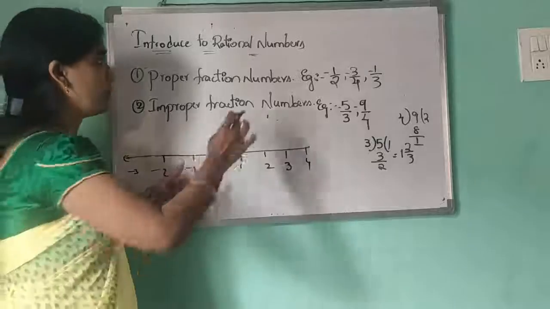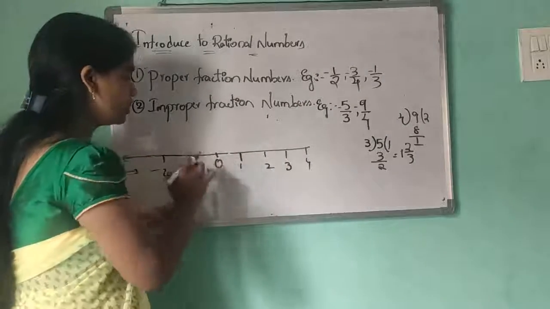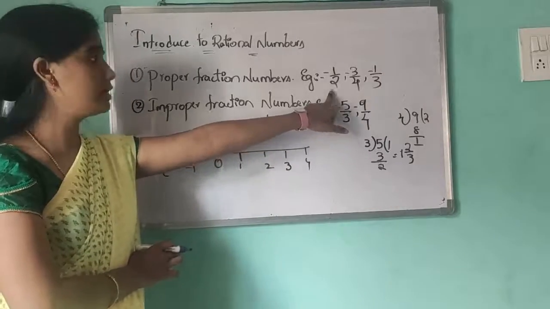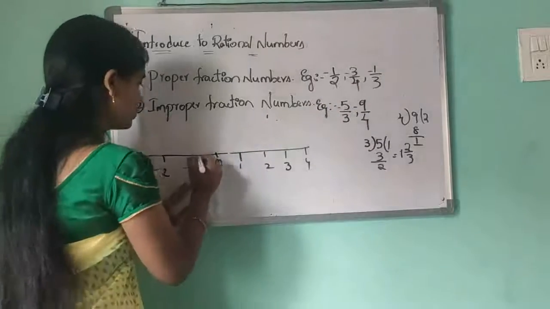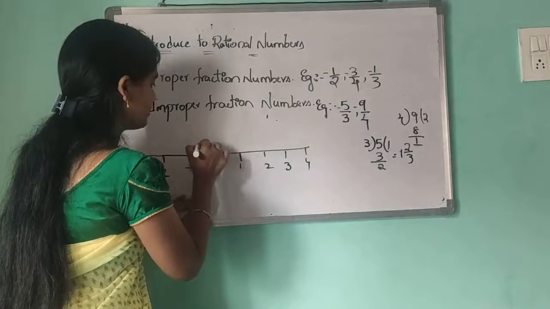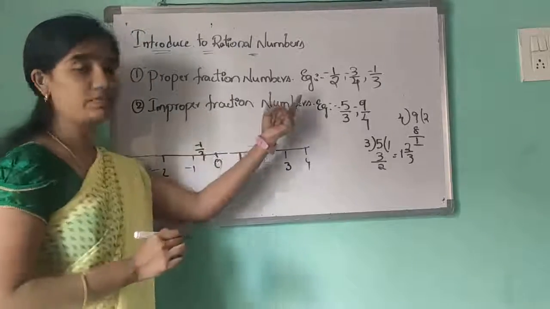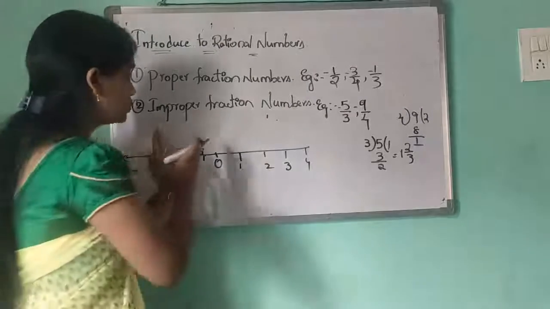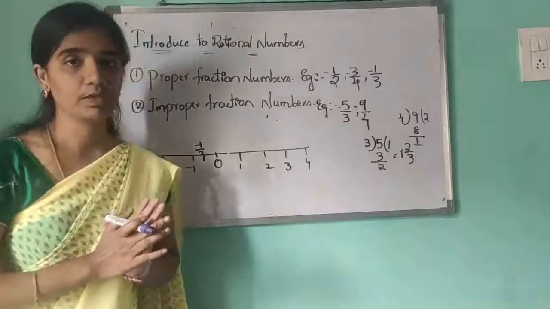How many parts do we divide 0 to 1 into? 2 parts, because the denominator value is 2. So 0 to minus 1 is divided into 2 equal parts, and here I represent minus 1 by 2.